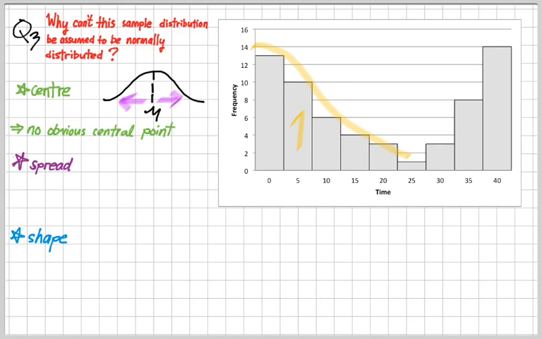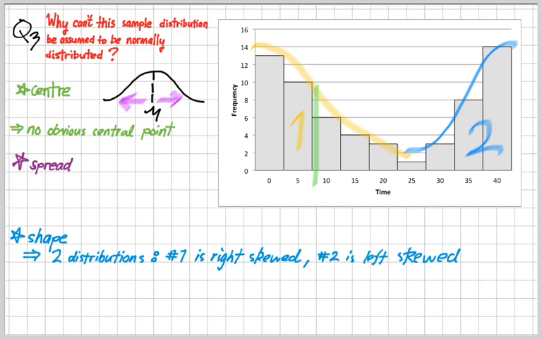So, in terms of shape, I'm going to argue that there are actually two distributions in this picture here. There's one on the yellow and one on the blue. Number one I can see is right skewed, and number two is left skewed.